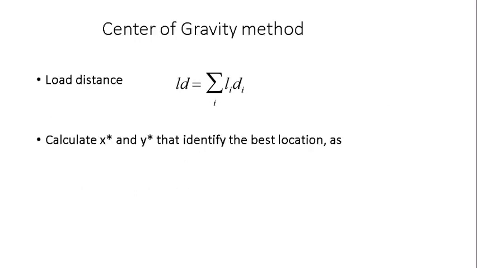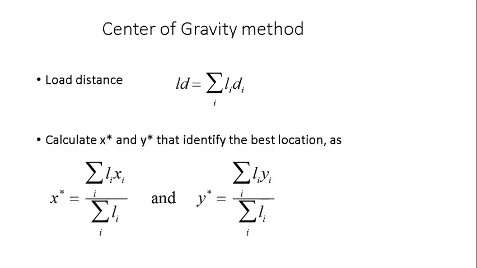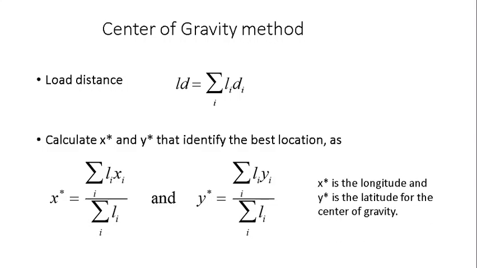Whenever we want to apply this method, what we actually identify is the x star and y star coordinates. Those two numbers are the longitude and latitude, the ideal coordinates of our location. So it actually resembles the center of gravity that we are familiar with from science.